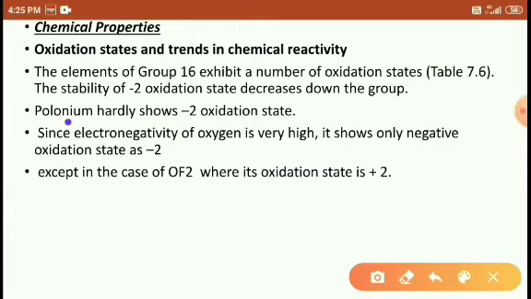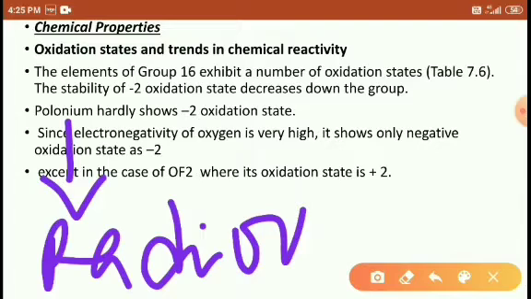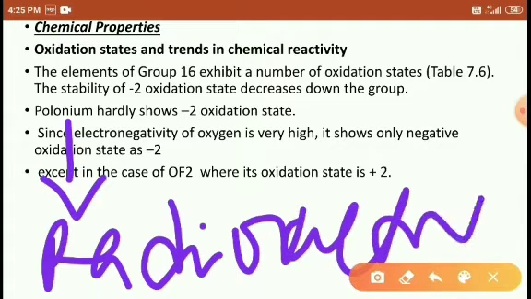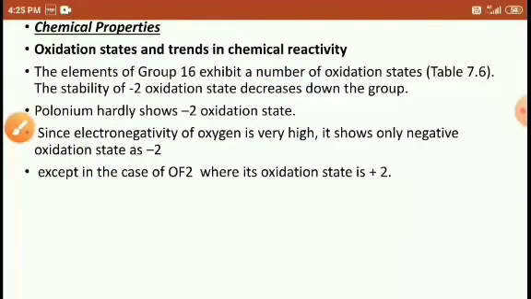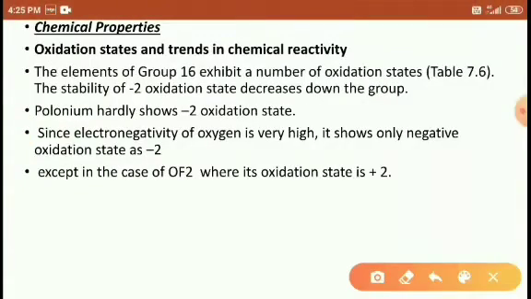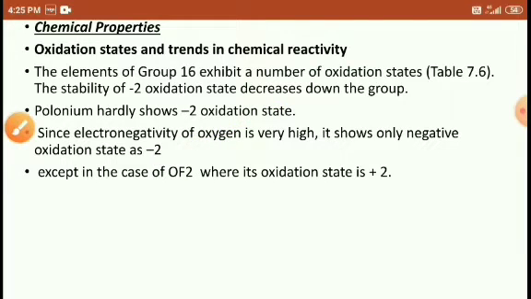But polonium is a radioactive element, so it very rarely shows the -2 oxidation state, students, right? So oxygen is a highly electronegative element. It always shows the -2 oxidation state, but fluorine is more electronegative than the oxygen atom. So with fluorine, oxygen shows the +2 oxidation state. Right, students?